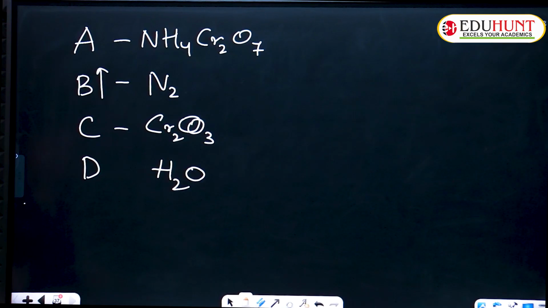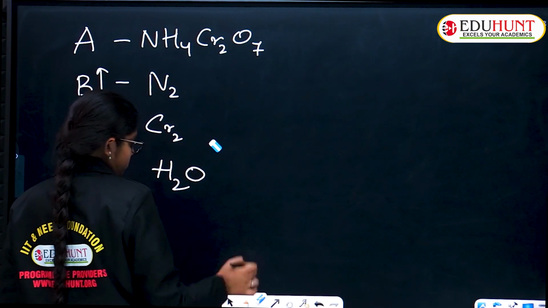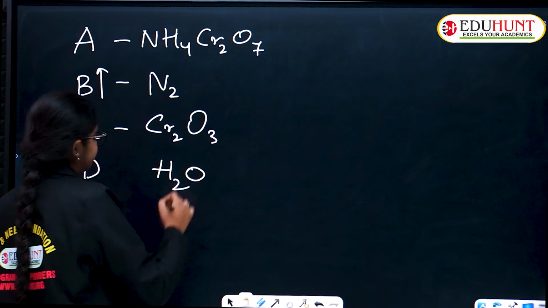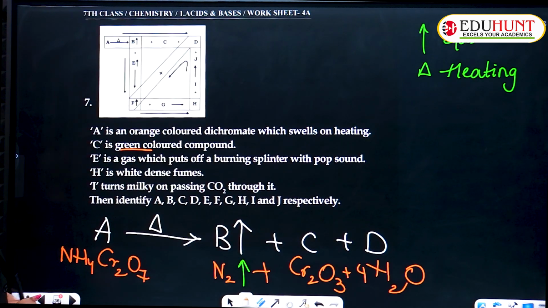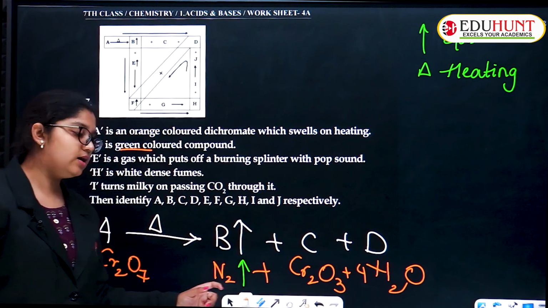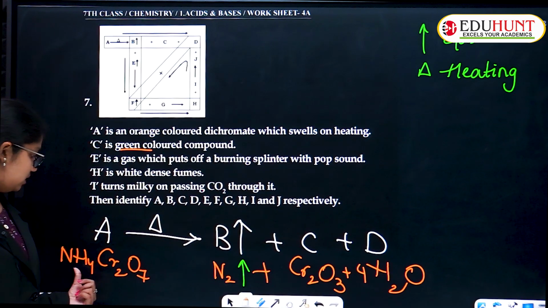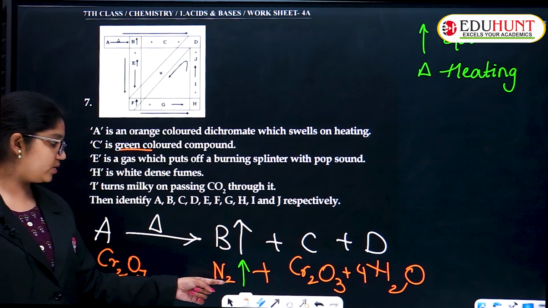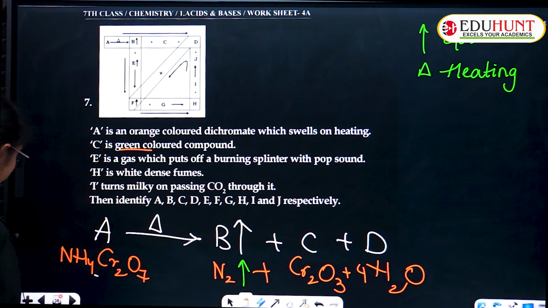So from the previous things we got all these. Here we have the ABCD from the first reaction: A giving rise to B plus C plus D. A is an orange colored dichromate, since it is ammonium dichromate, giving rise to nitrogen gas, chromium oxide and water.